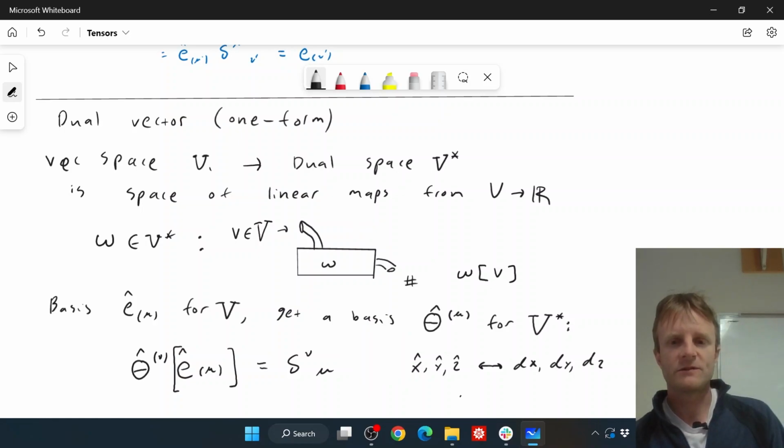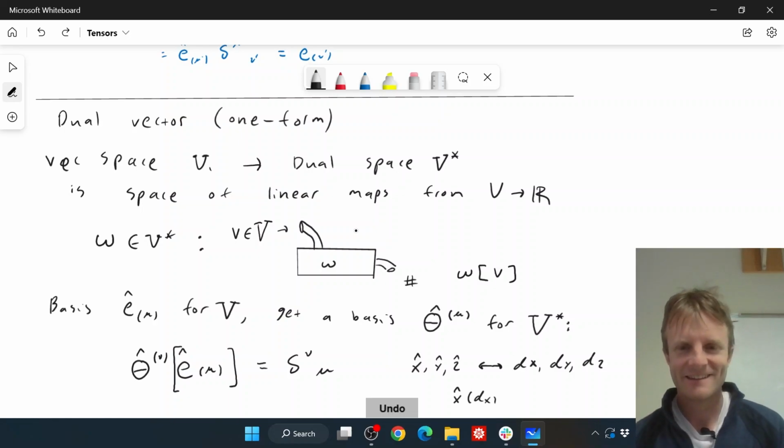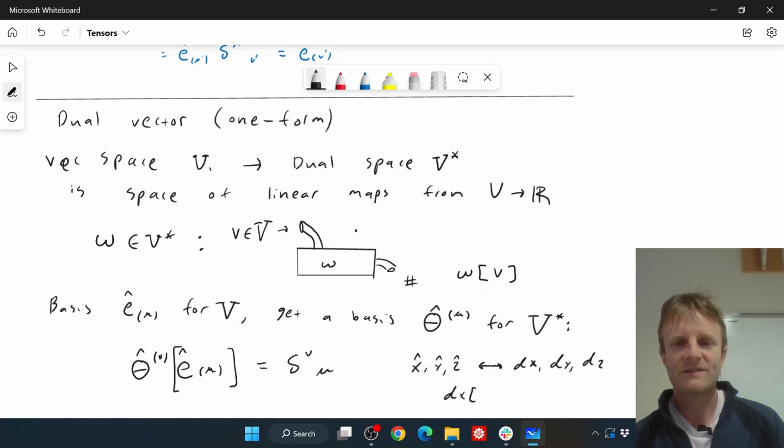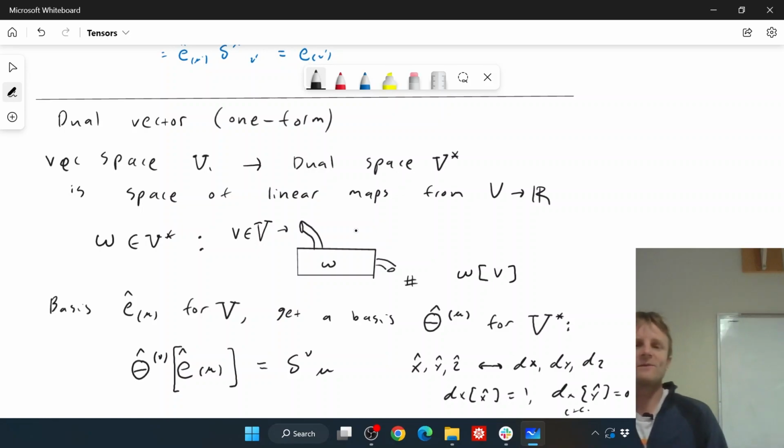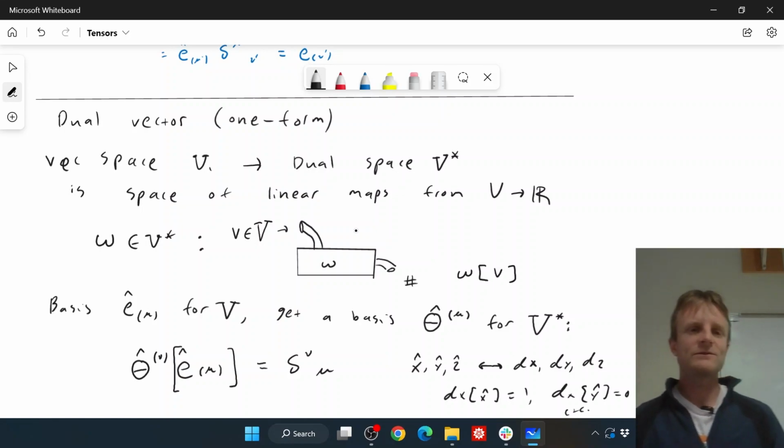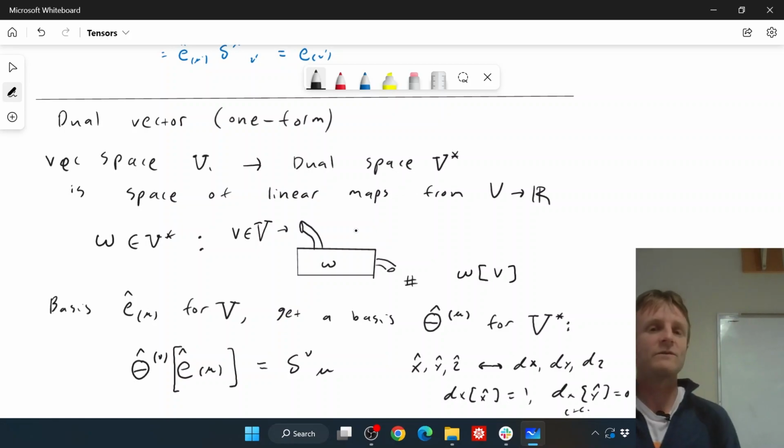Right, and the rule is just, dx acting on x hat is 1, but dx acting on y hat is 0, etc. Okay, so it's just a fancy way of saying we make another thing which is just like the simple coordinate basis you're all used to, except it's this basis of dual vectors.